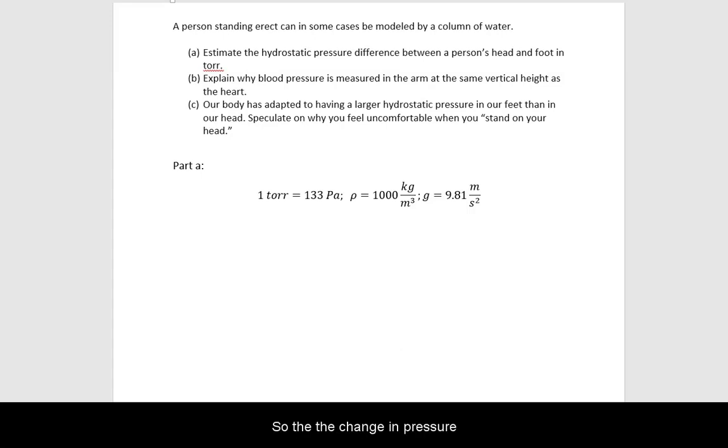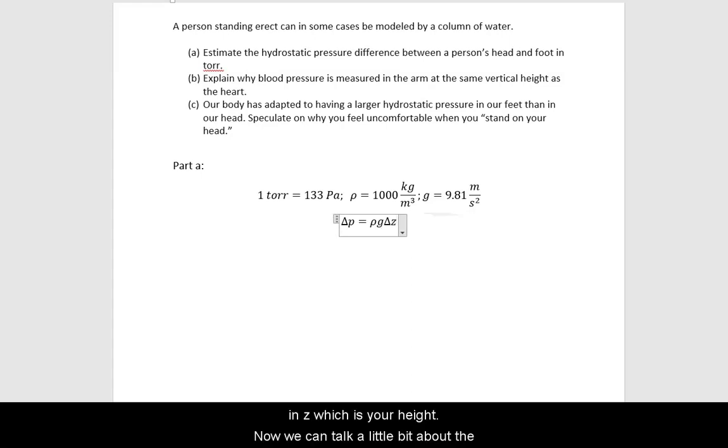All right, so the change in pressure between the top of your head and the bottom of your feet goes as the density of water, because that's the model we're using here, that you're basically a big column of water, times gravity times the change in z, which is your height.